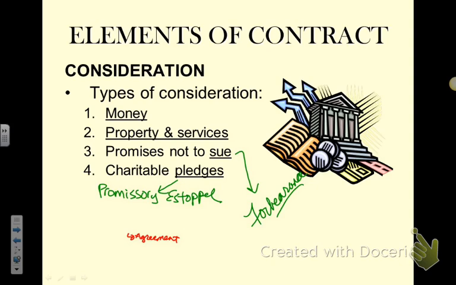Technically speaking, we're not really getting anything, so we don't really get consideration. Maybe we get our name on a plaque or something, but that's about it. But the courts will require that we follow through on our promise because the library is basing their decisions on our promise. And I'll talk a little bit about promissory estoppel in just a minute.